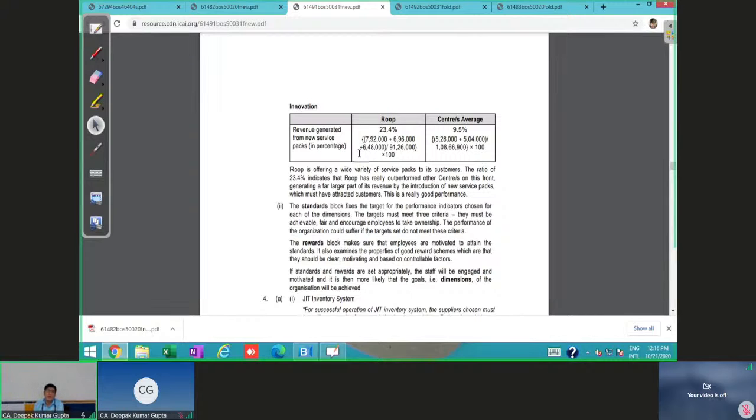Whenever you are writing an exam, try to underline key concepts. It is very useful.